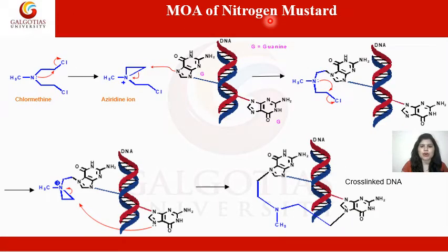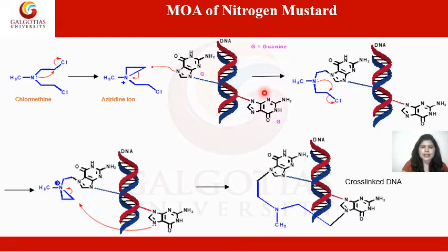Mechanism of action of nitrogen mustard compounds. Take the example of the drug mechlorethamine, which on reaction gives an aziridinium ion upon the removal of a chloride ion. This aziridinium ion attacks the 7th position of guanine and makes a covalent bond with DNA.